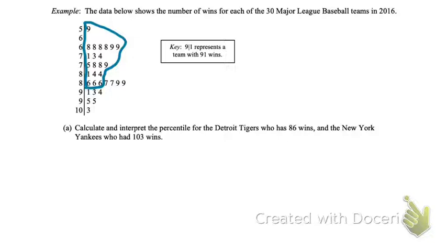If you're doing less than or equal to, so we're counting the bottom ones, and there's 20 that are 86 or less, and there's 10 that are higher than 86.